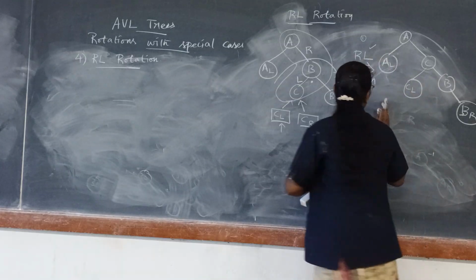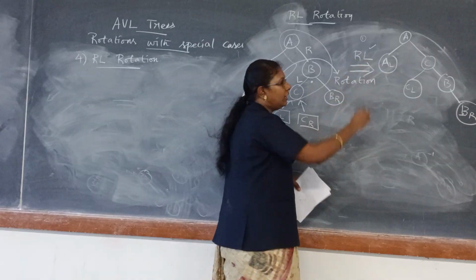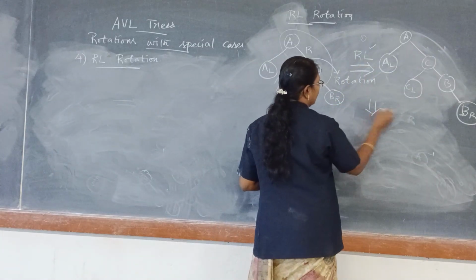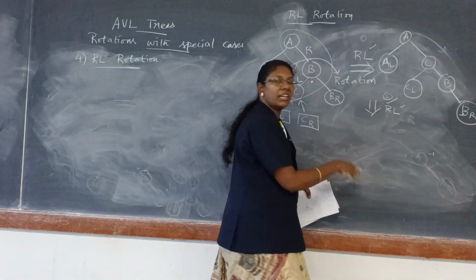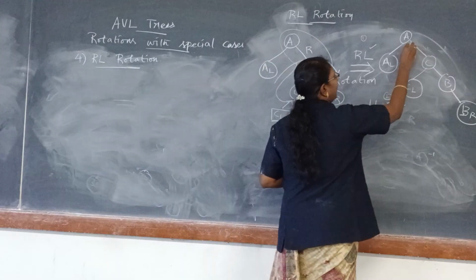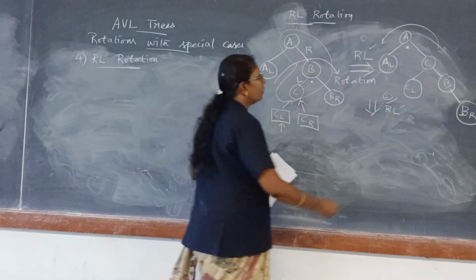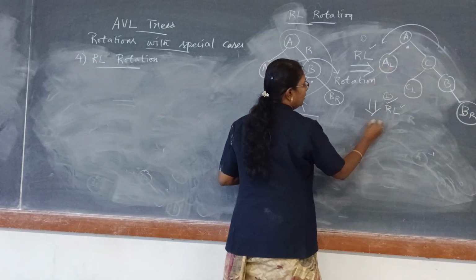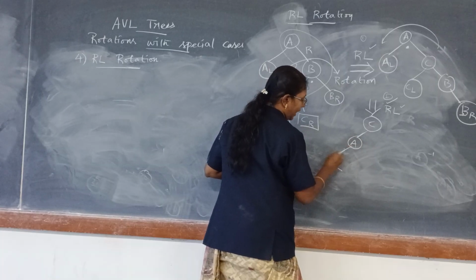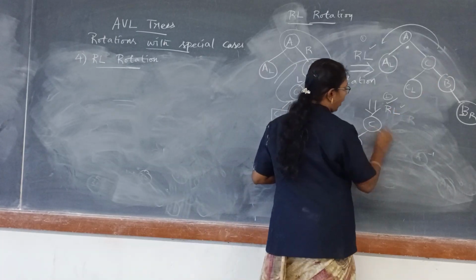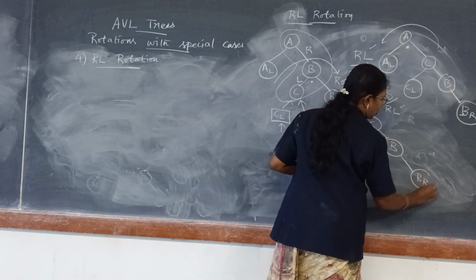But still one more rotation is needed because I have completed only L. So as the second step, I am going to perform right rotation, meaning at this point I am dragging everything towards the left side from the right subtree. So here what will happen? C will be the root node and A will be the left along with its child, and B will come to this point with its right child.